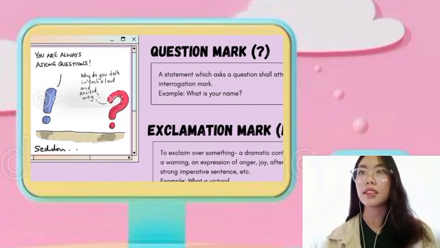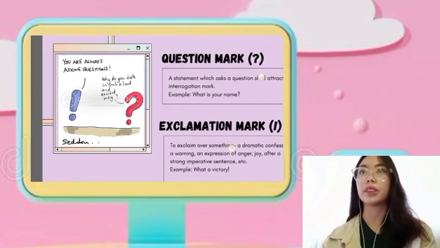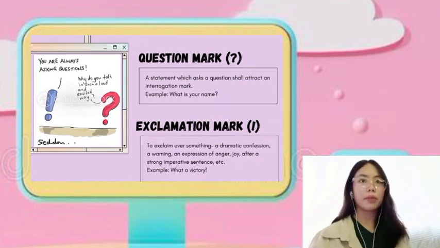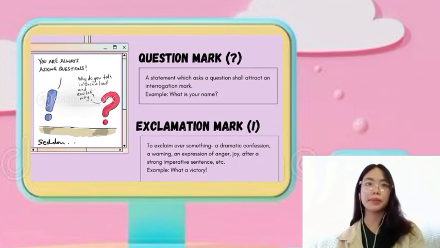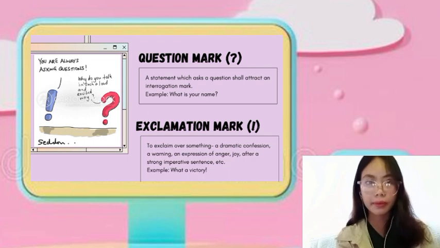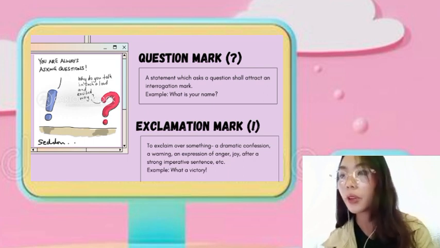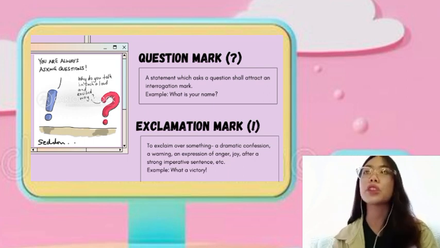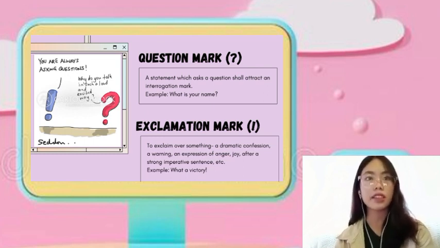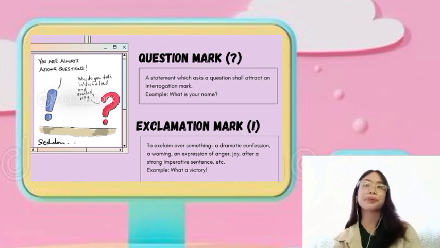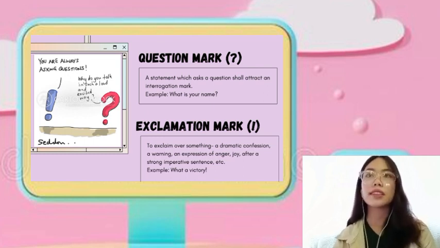Next is question mark and exclamation mark. What is question mark and how do we use it? Yes, question mark. We use question mark in interrogative sentences or in questions. A statement which asks a question shall attract an interrogation mark.